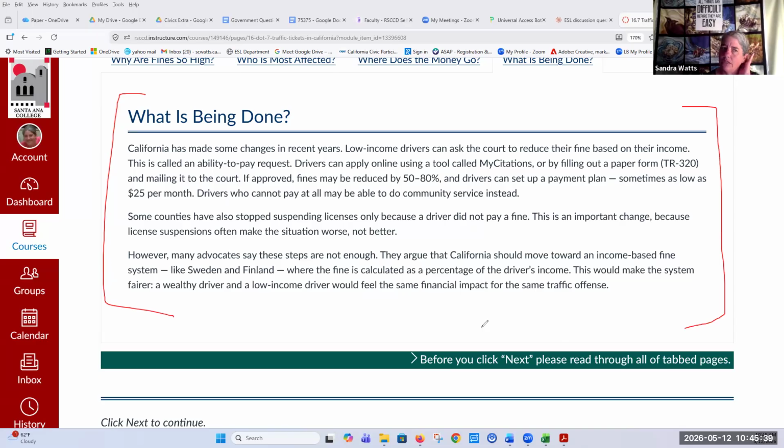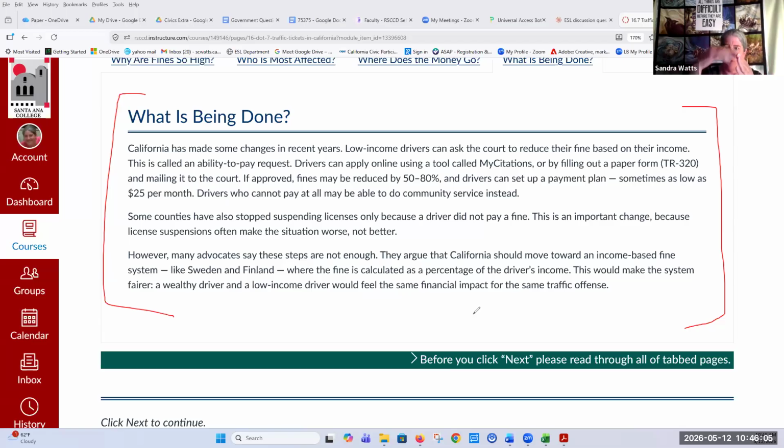I'm going to share with you something else I found when I was researching. For several years, Northern California had an amnesty program, like a ticket amnesty. If you didn't make a lot of money and you got a ticket, you could show how much money you make and say, I can't pay for a ticket.